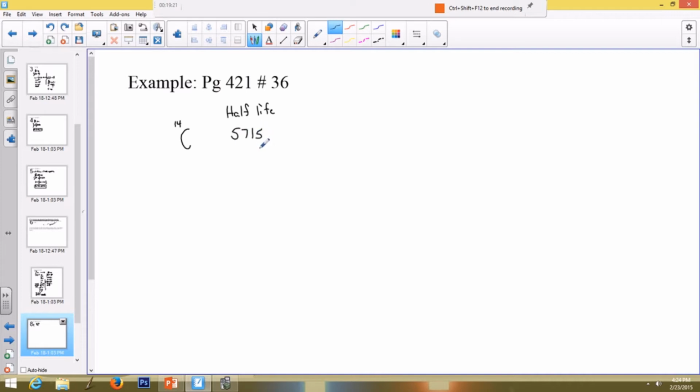They say that they want to know the initial quantity, we don't know that, we got to fill that in. They want to know the amount after 1,000 years.